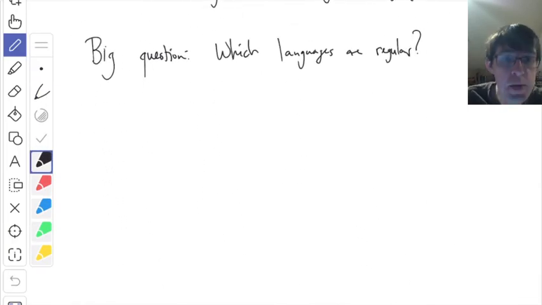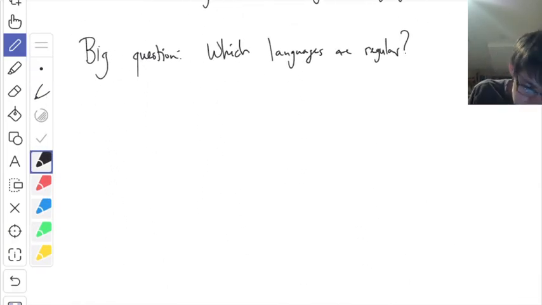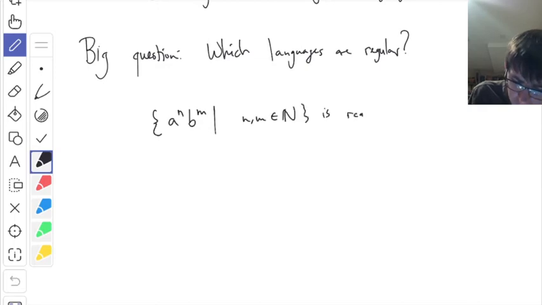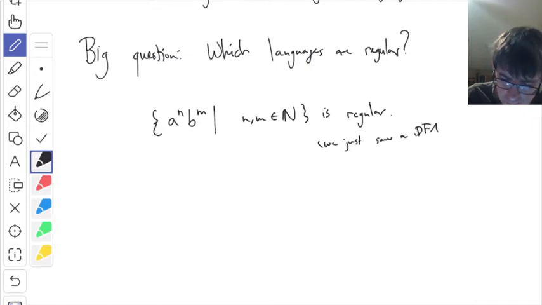A big question is, which languages are regular? For example, A to the N, B to the M, with N and M in the natural numbers. This is regular, right? That's because I just showed you a DFA which has this as its language. We just saw the DFA for this language.